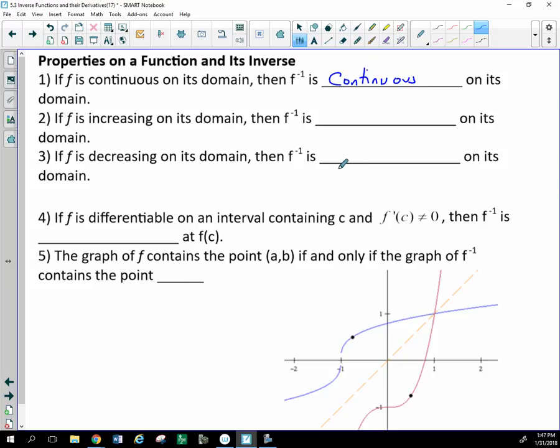If f is increasing, then f inverse is increasing. And if f is decreasing, then f inverse is decreasing. And if f is differentiable, then f inverse is also differentiable.